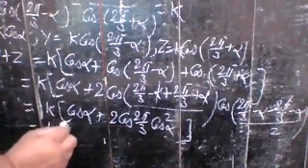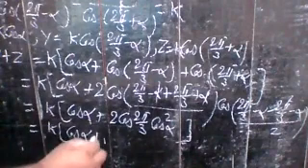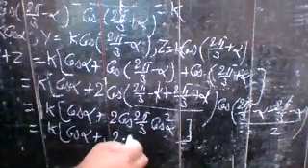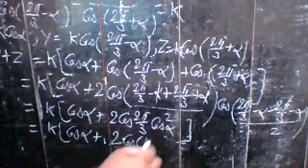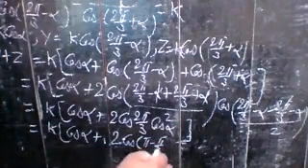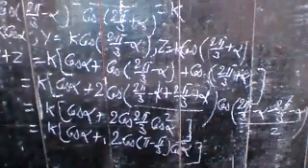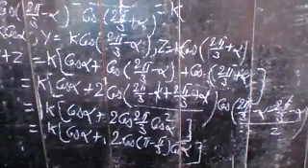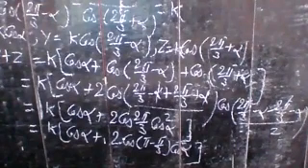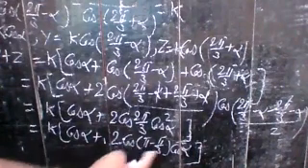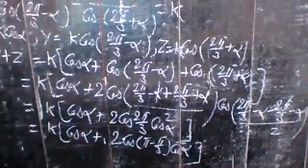So k times cos alpha plus 2 into cos 2 pi by 3, which can be written as cos of (pi minus pi by 3), into cos alpha. And you know cos of (pi minus pi by 3) is equal to minus cos pi by 3, and the value of cos pi by 3 is 1 by 2. So here you have minus 1 by 2.